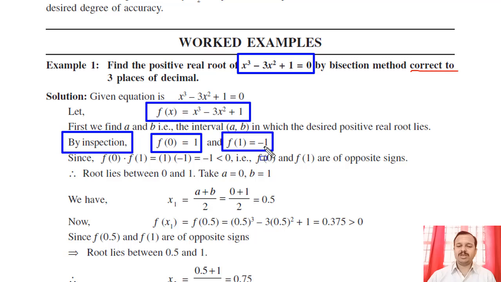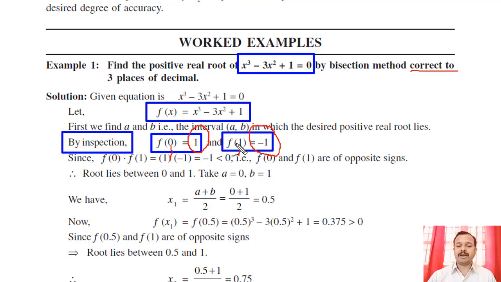Now this is a very important observation. The answer of f at 0 and the answer of f at 1 have opposite signs. One is positive, another one is negative. When these two answers are of opposite sign, you can conclude that the desired root exists between this value and this value, not these two. Don't get confused. That is 0 and 1.